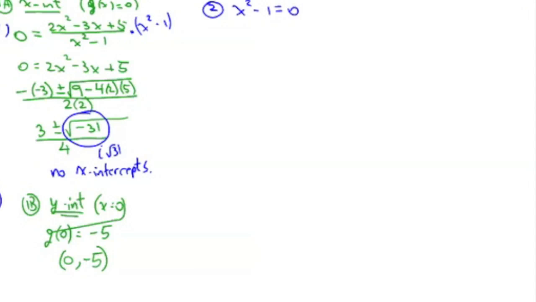It factors into x minus 1 and x plus 1. So this thing has 2 vertical asymptotes. One at positive 1 and another one at negative 1. Those are your vertical asymptotes. It's what the bottom can't equal, so they become a vertical asymptote.